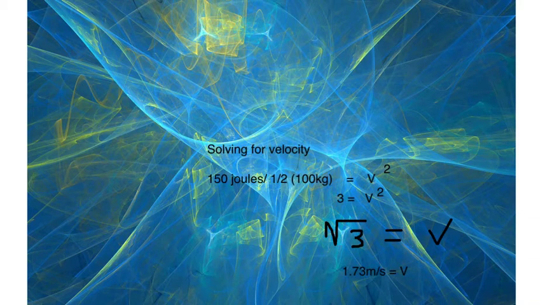In this case, we're going to take our equation and we're going to solve for velocity. So velocity squared equals the work divided by 1/2 the mass. And so when we solve that, we find that the velocity squared equals 3. When we take the square root of 3, we get the final velocity, which is 1.73 meters per second. So now we can calculate that final velocity just from knowing the amount of work done.